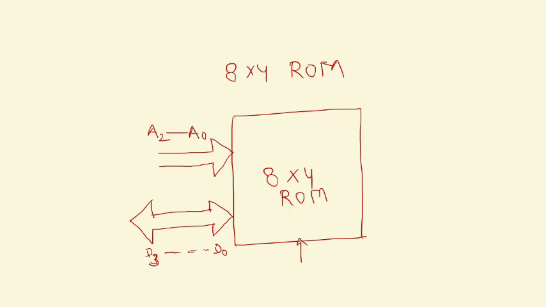One selection signal, an enable signal, will be there, and this is a read only memory. So there will be one more signal, RD bar, which is a low active read signal. Like this we can represent the 8 cross 4 ROM.